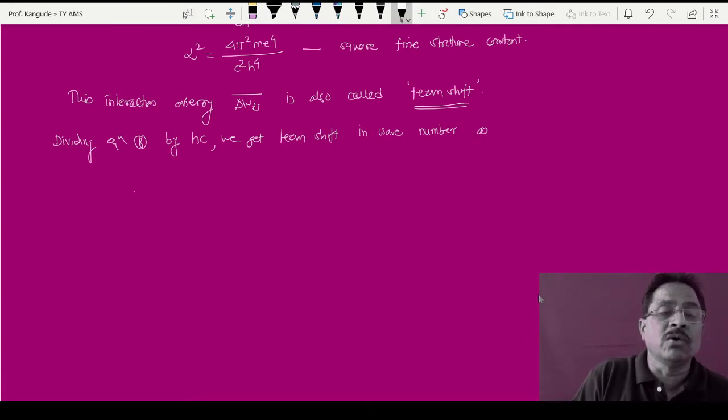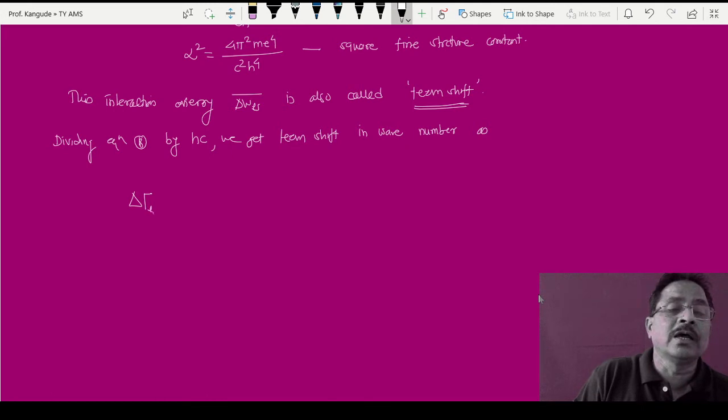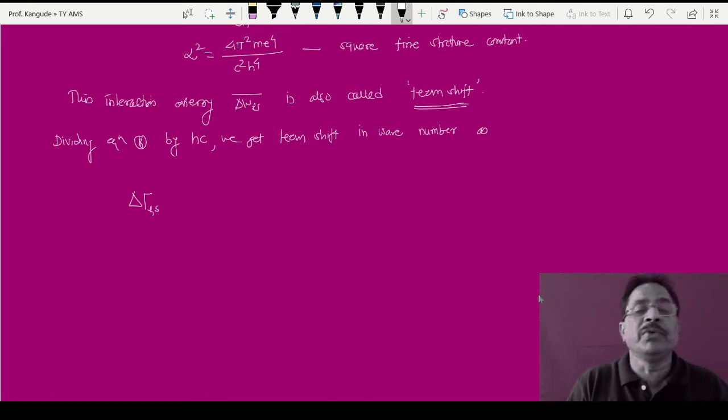And for that another symbol is used, delta gamma, with L comma S to indicate this is the wave number because of the spin orbit interaction.